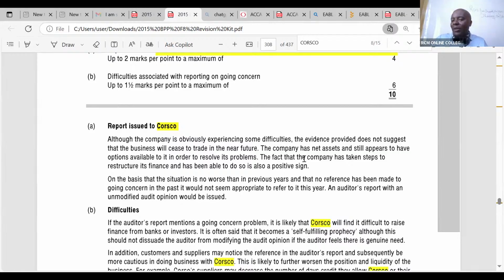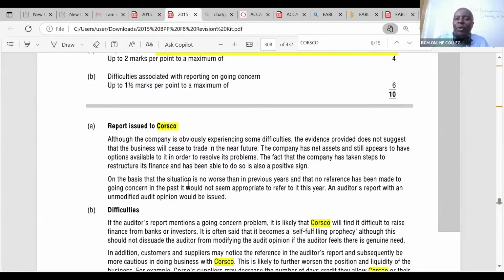The company has net assets, as I told you earlier on, as I was reading this. To get net assets, you take total assets minus total liabilities. So whenever your assets are up there, you get positive net assets. And it still appears to have options available to it in order to resolve its problems. The fact that the company has taken steps to restructure its finance and has been able to do so is also a positive sign.